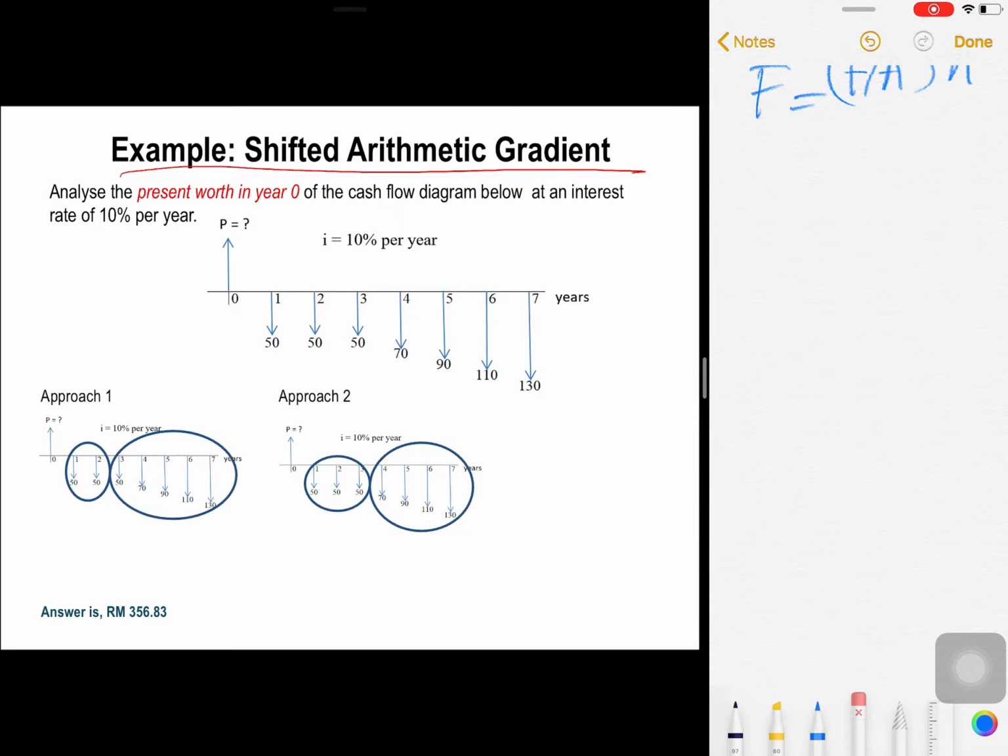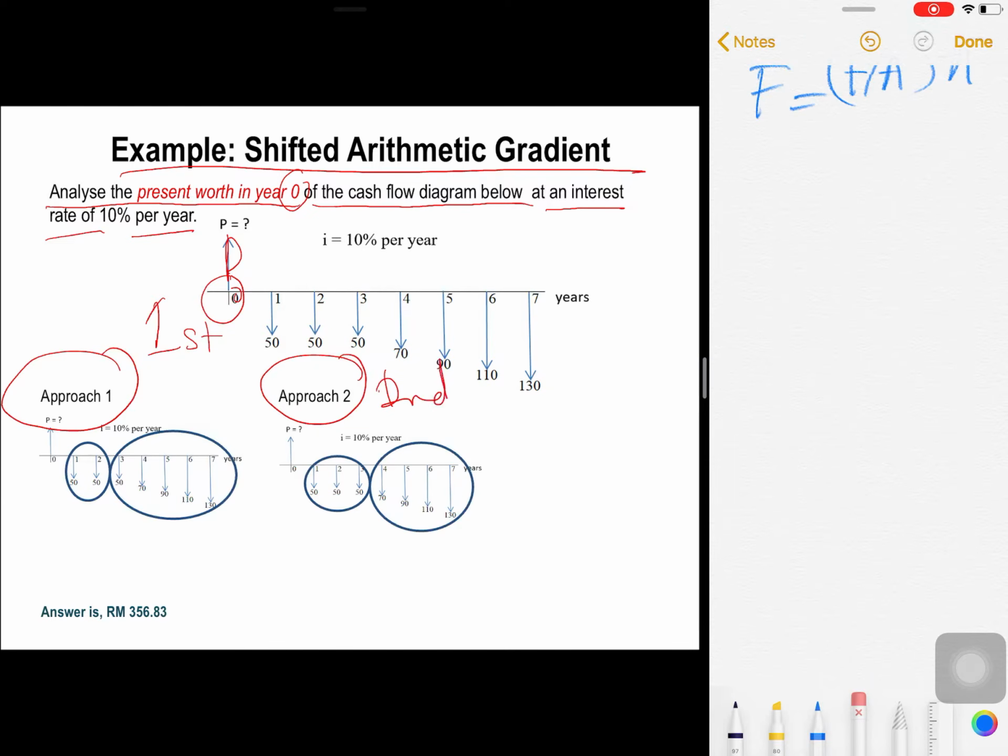Another example of shifted arithmetic gradient. The question says, analyze the present worth in year 0 of the cash flow diagram below at an interest rate of 10% per year. So you want to find P naught. You can have two approaches to answer this.